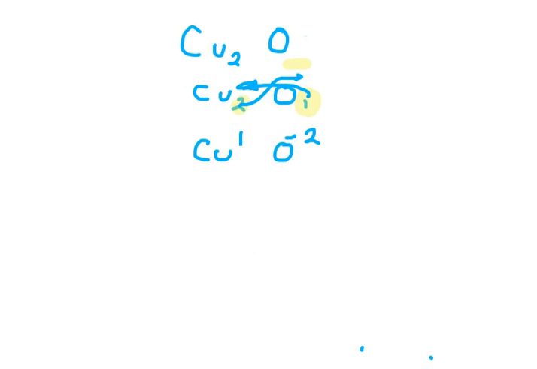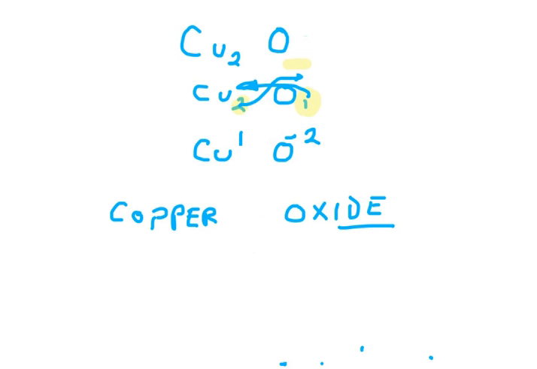Now what we're going to do is just write the name. And remember, when we do this, we use just the element names. So we're going to start out with copper. Then we're going to leave a finger space and write the second part of the name, which in this case is oxide. Remember that we need that IDE on the end of ionic compounds.